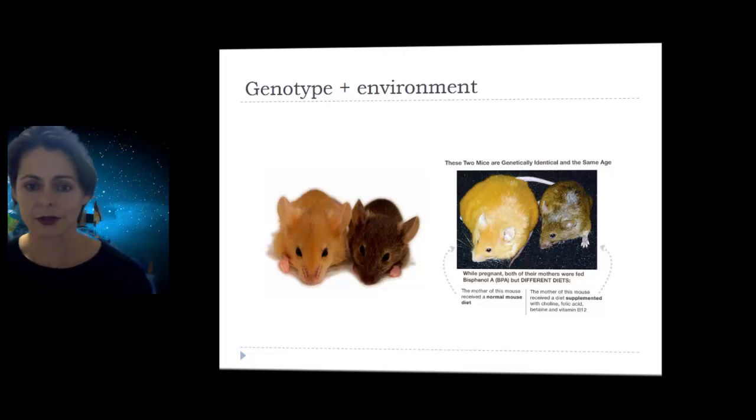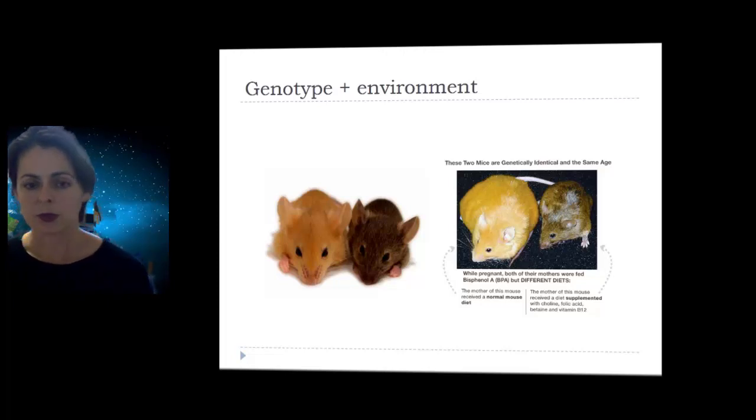The toxin is known to strip off methyl groups. And so the mum was brown herself, but all her pups were yellow. They were agouti mice, because this particular gene that controls pigmentation and susceptibility to obesity in the mice was now expressed, whereas normally it would be suppressed. So the brown mum had all these yellow pups that all became fat.